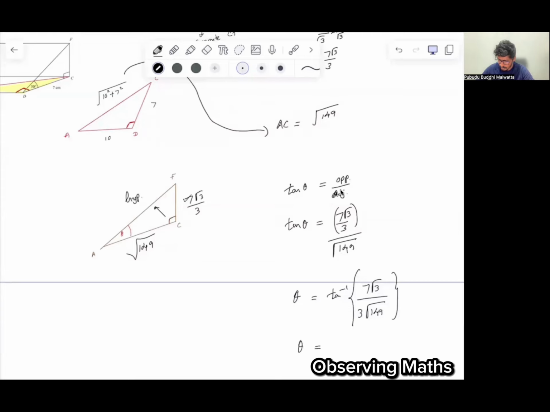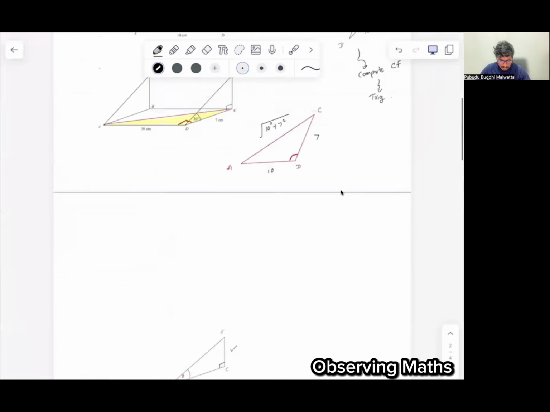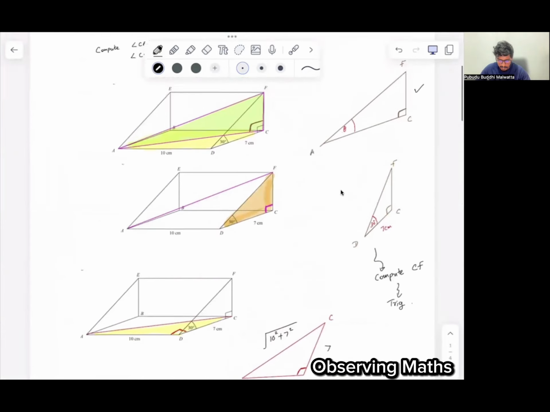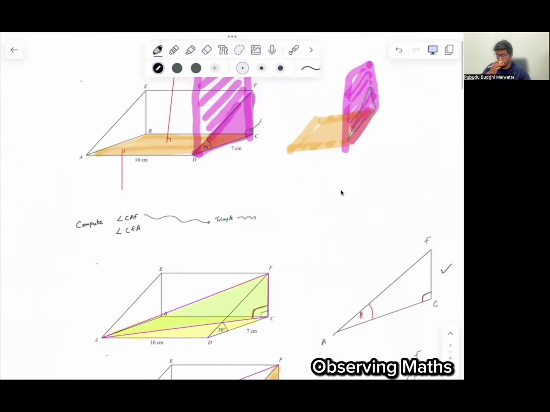So I think I used the calculator. So that's 18.3 degrees, 18.32 degrees. So not the answer itself, the most important thing is identifying different planes. I used 3 planes here in this problem.